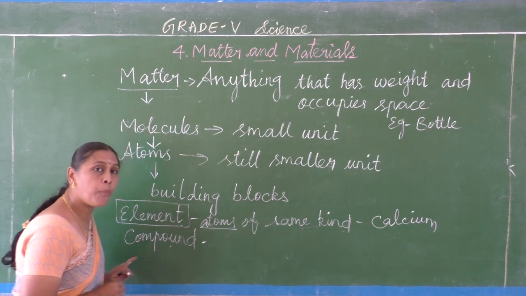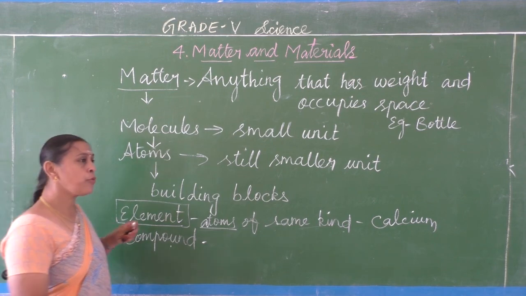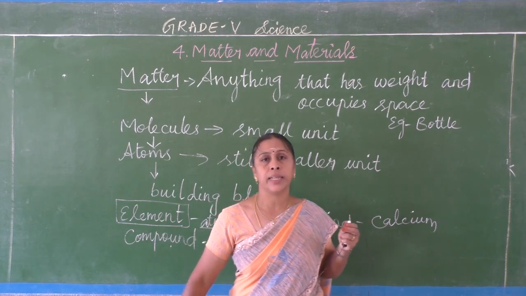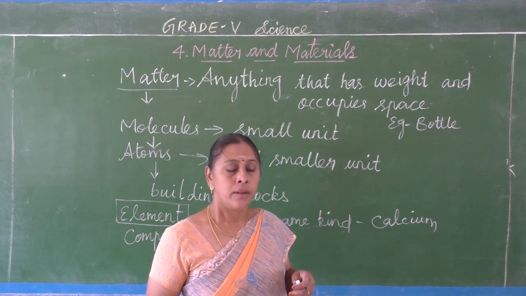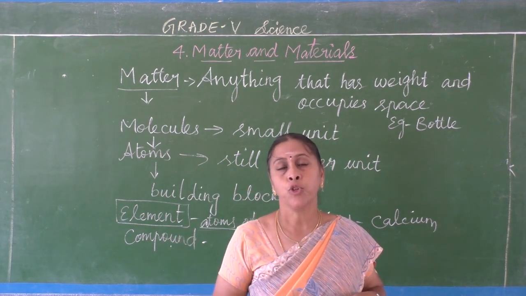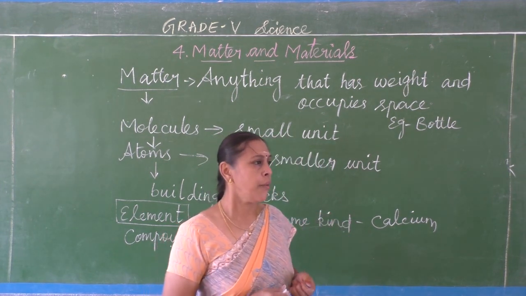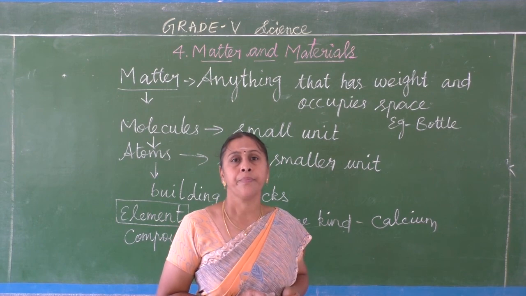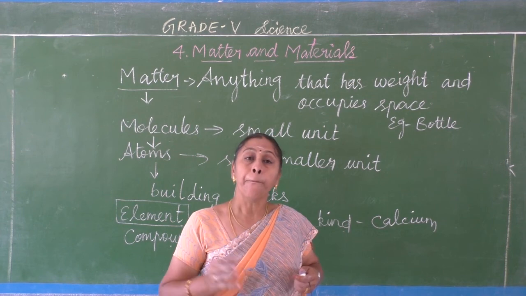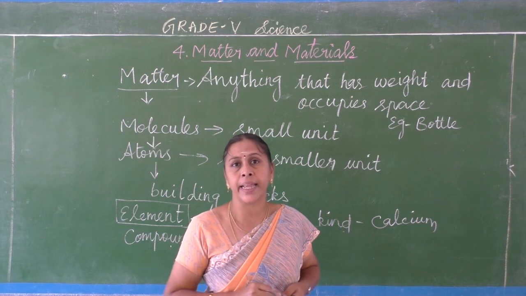Next one, compound. C-O-M-P-O-U-N-D, compound. Compound means two or more atoms will mix with each other. They combine to form a matter. Two or more atoms combine. For example, when your mother prepares tea, she will add water, tea powder, sugar, milk, everything combines to make a compound, tea.